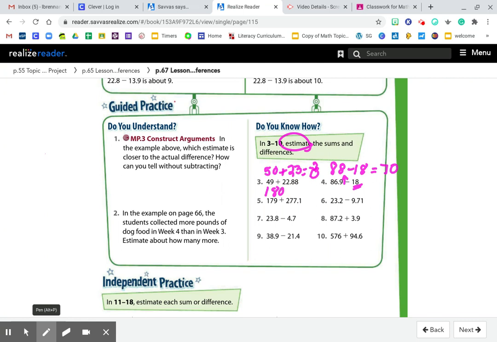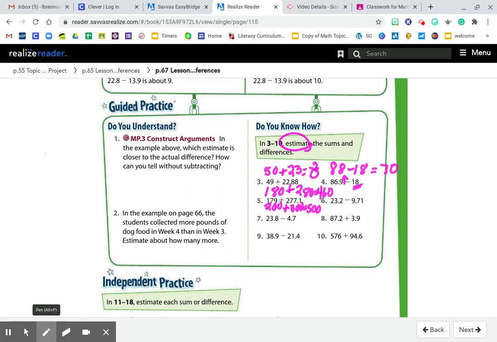I could even go to 200 plus 300 equals 500. That will get me an old school rounded answer. But if I go from 180 plus maybe 280, I would get a 460 as an answer. But anything near that is fine.